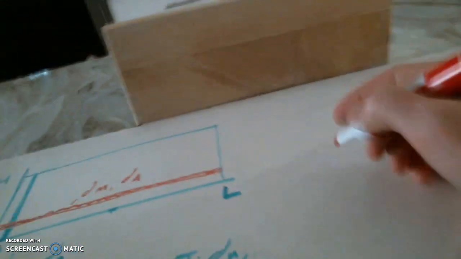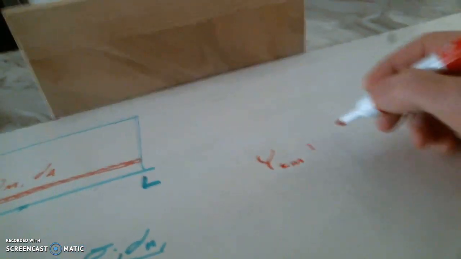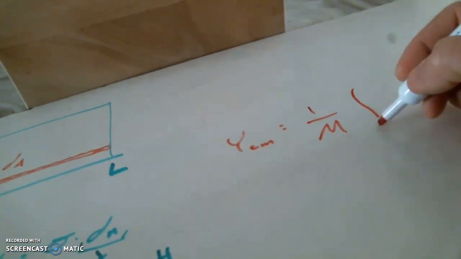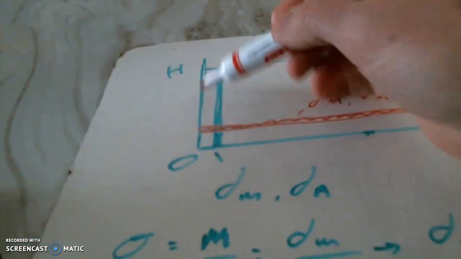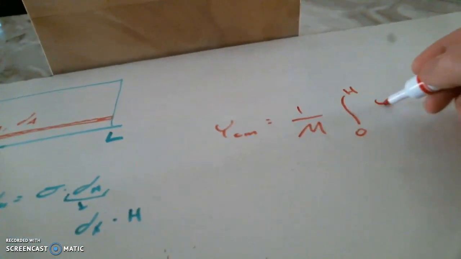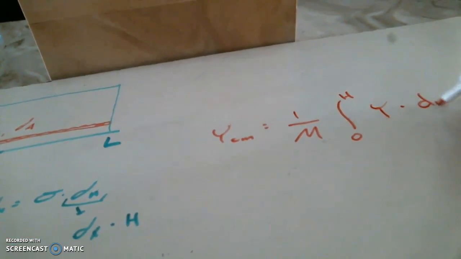So my y center mass is going to end up being 1 over the mass whole, because that doesn't change whether I'm talking about an x or a y. I'll integrate from 0 to h now, because again, I'm integrating along a y from 0 to h, and this will be a y now instead of an x times a dm.